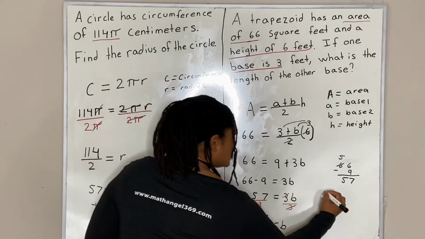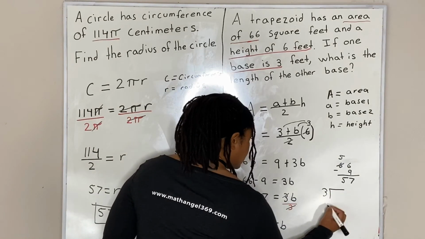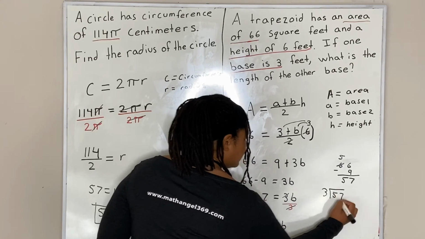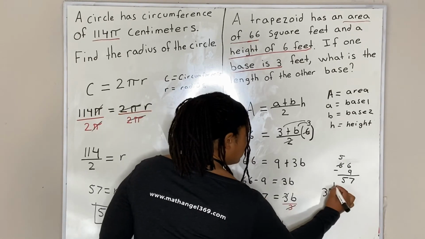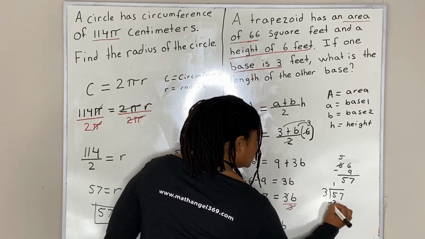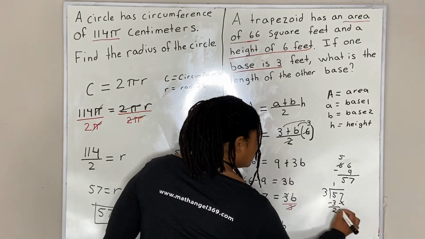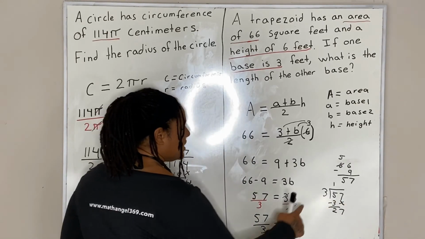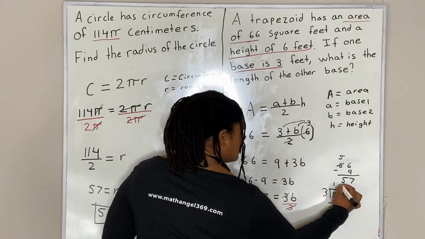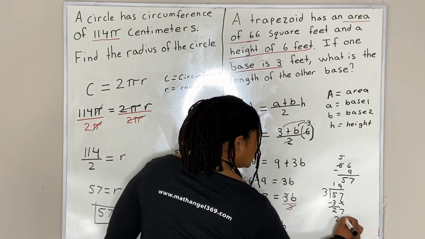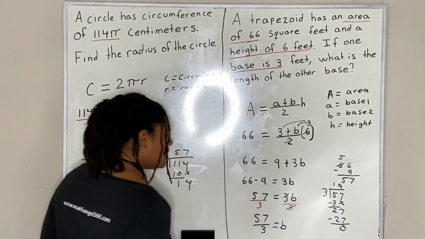So now I'm going to come out to the side and ask myself, how many times does 3 go into 57? 3 goes into 5 one time, 3 times 1 is 3, and we have 27 here. 3 goes into 27 9 times. 3 times 9 is 27. We get no remainder.